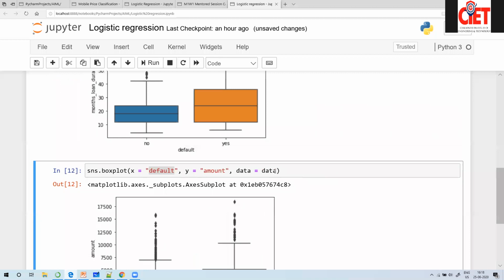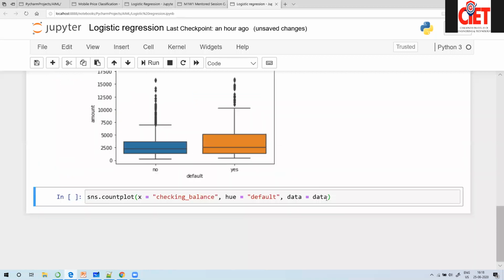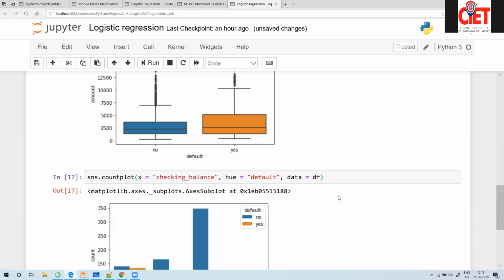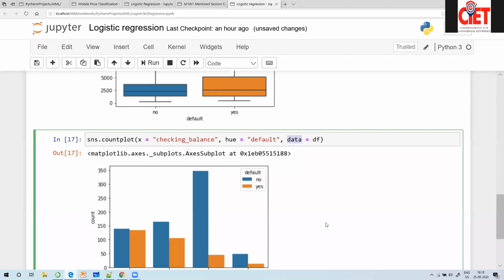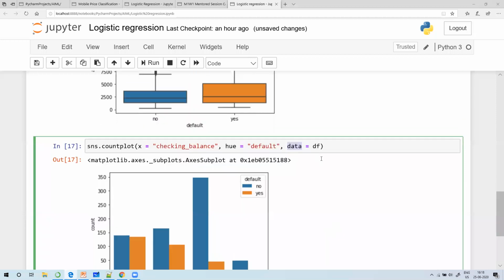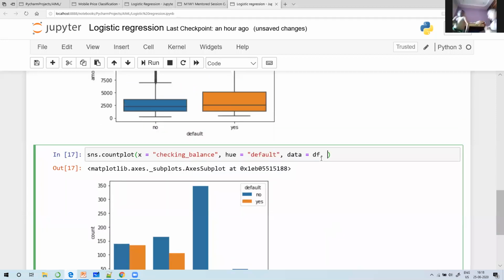So let's change that to df. Now that looks good. When people see data is equal to data, they get confused. One of them is a keyword, the other one is a data frame name. That's not good. So let's say dodge is equal to false.